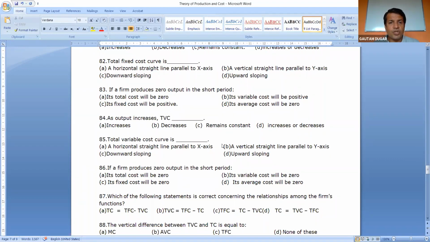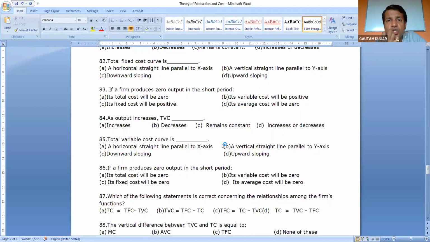It's the fixed cost will be positive. It cannot be zero. Variable cost will not be positive. If zero output, variable cost will be zero. Remember, the variable cost curve starts from the origin. Logic is very simple.